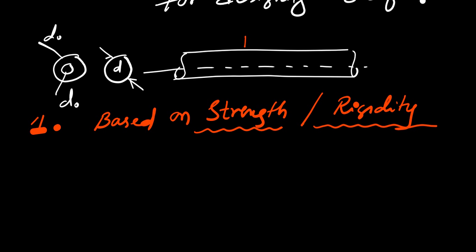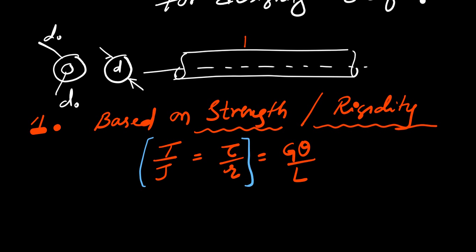You should know the general equation for a shaft which is subjected to strength and rigidity. The general equation for a shaft: T by J is equal to tau by R is equal to G theta by L. Now these two equations, the first two, are for strength.